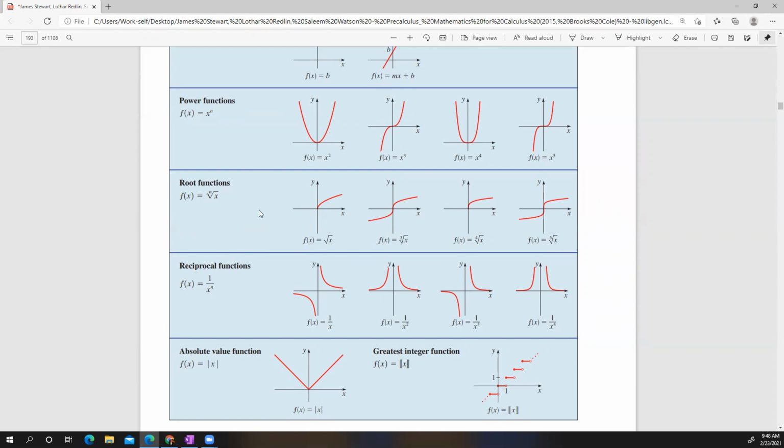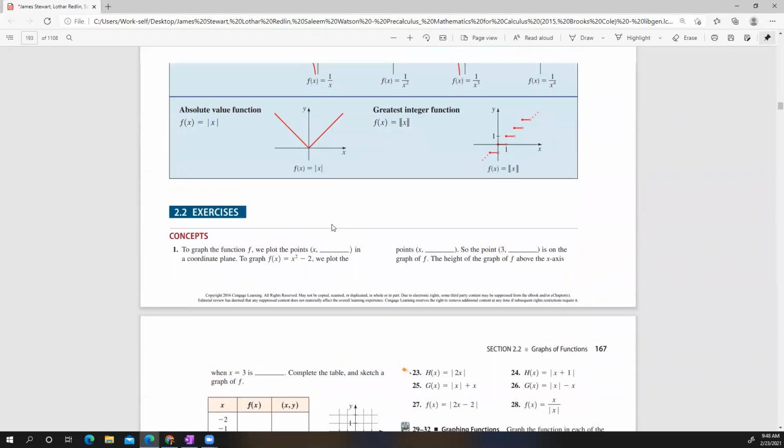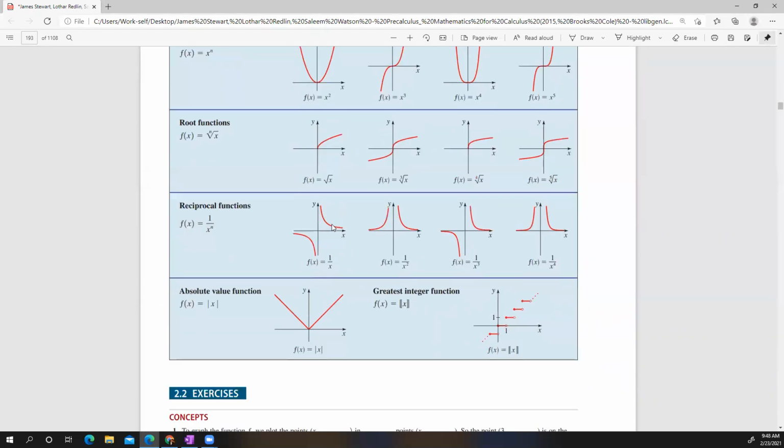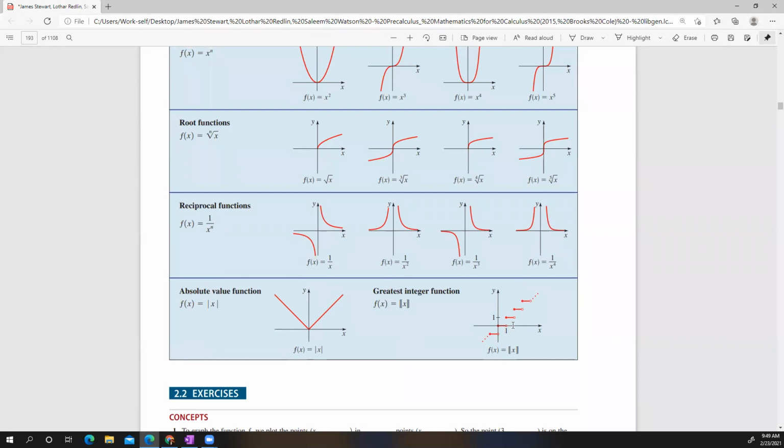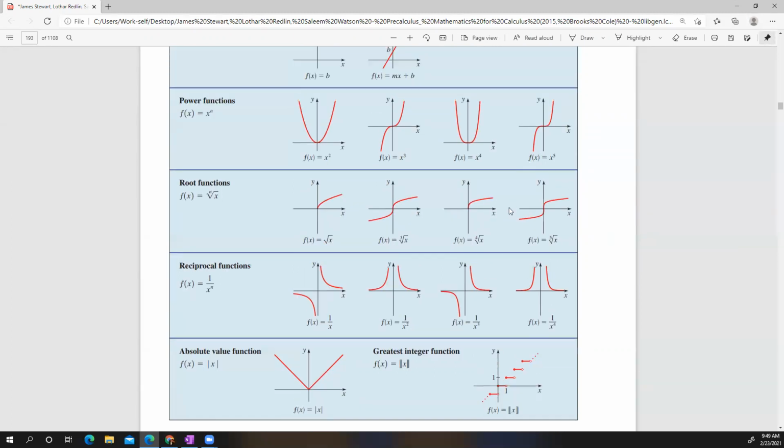And then you have these root functions, reciprocal functions, the absolute value function, and the greatest integer function. You can look at these to give you an idea of what some of these plots look like. We'll look at some more later on, and they'll be various transformations of these graphs. So that's all for 2.2, and I'll probably record 2.3 later on today.